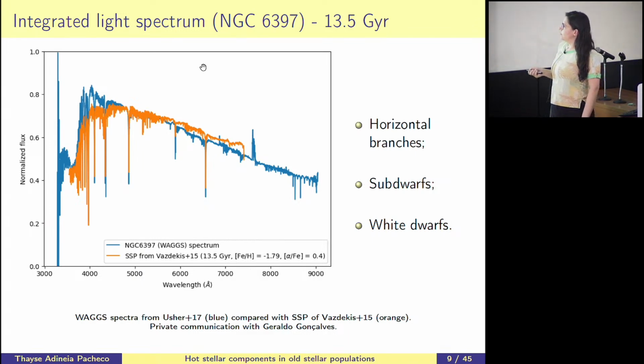And our guess is horizontal branch stars, subdwarfs, and/or white dwarfs are these missing objects, bluer and old objects that can fill this excess here on the ultraviolet and bluer part of the spectrum.